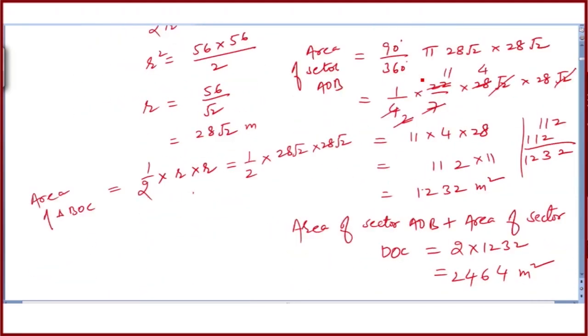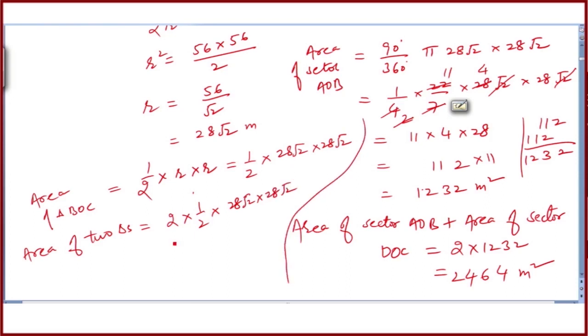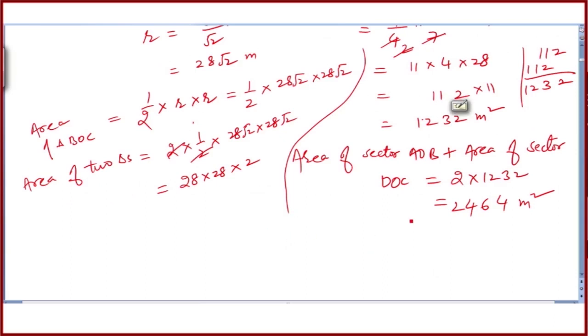So area of two triangles is equal to twice of this, half into 28 root 2 into 28 root 2. So this is equal to 28 into 28 into 2. And what is 28 into 28 into 2? You need to calculate this. So I can calculate it like this.